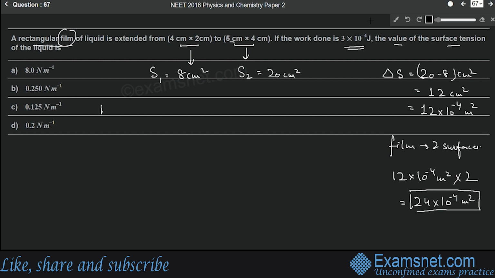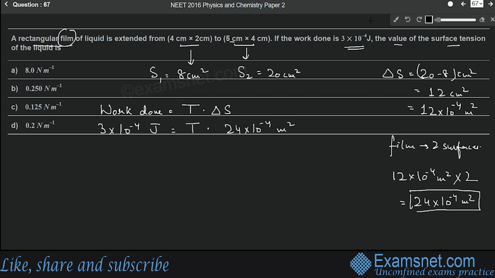Now we know that work done is equal to surface tension into change in surface area. Work done is given in the question, it is 3 into 10 to the power minus 4 joule. Surface tension is unknown, that we have to determine. Delta S we have just calculated, it is 24 into 10 to the power minus 4 meter square.